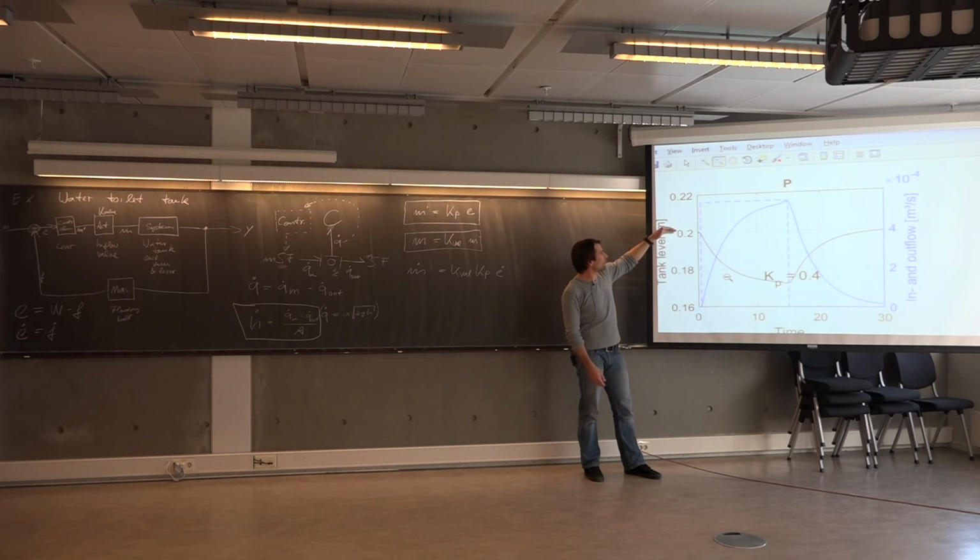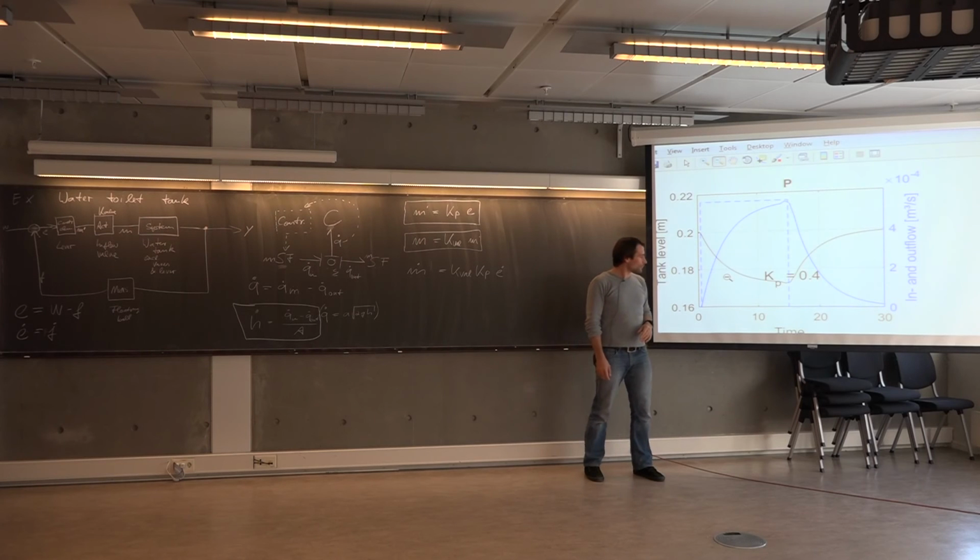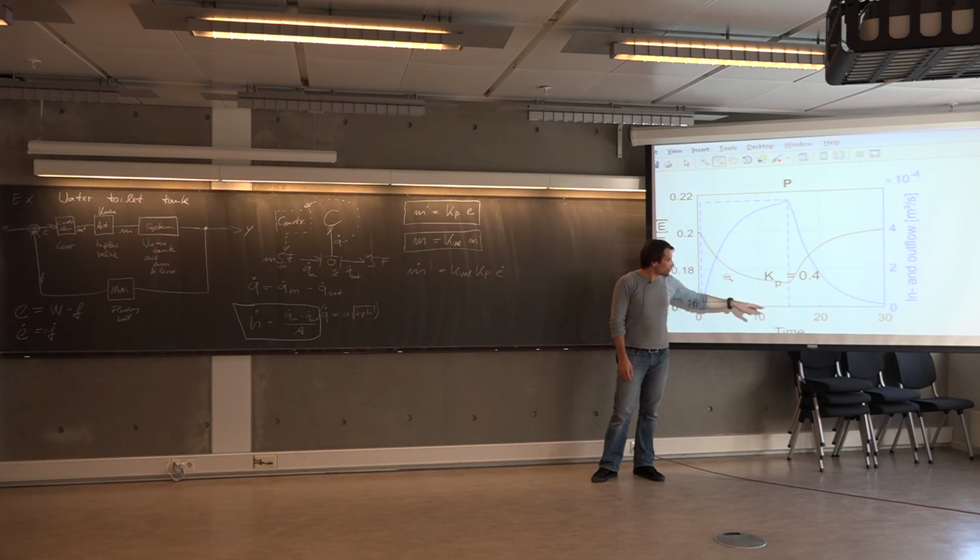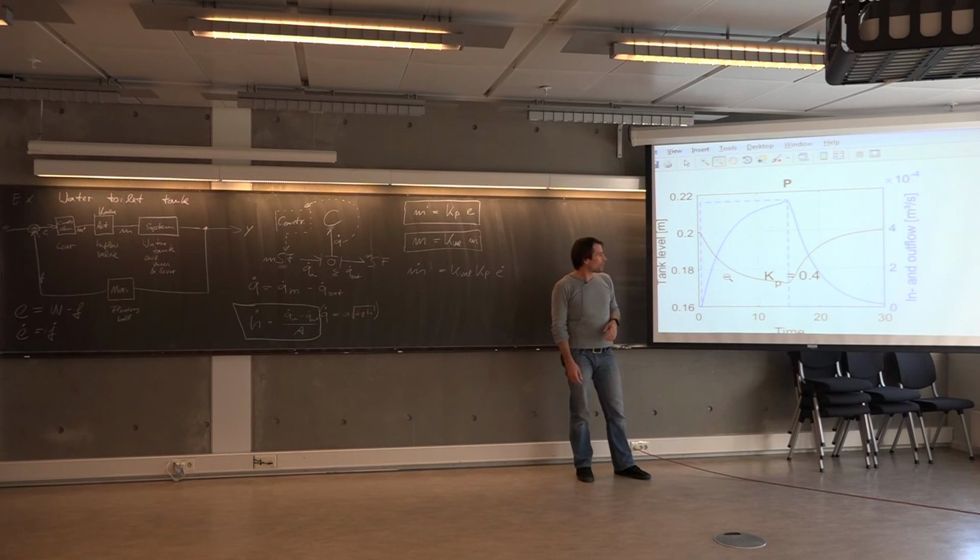The initial value of water in the tank is 20 centimeters. And just prior to these 15 seconds where the outflow is being set to 0 again, it almost manages to level out there.